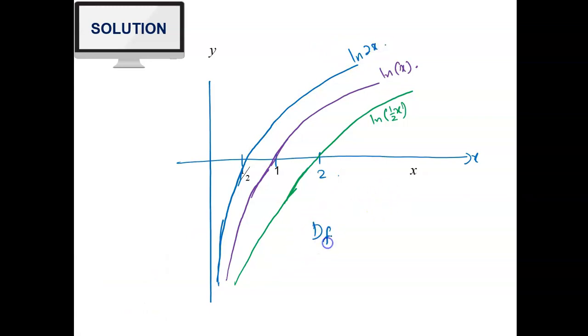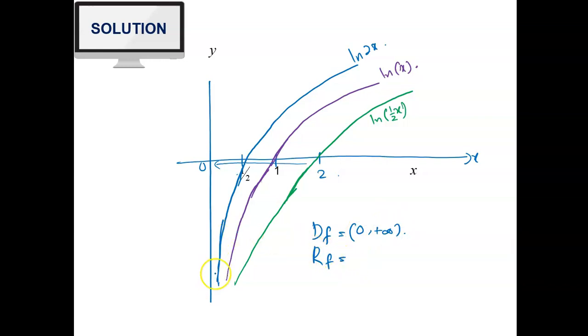So what are the domain and range for all these three graphs? Look at all of these, the graph slides down approaching the value of x equals 0 here. So the domain for all three graphs is from 0 to positive infinity.